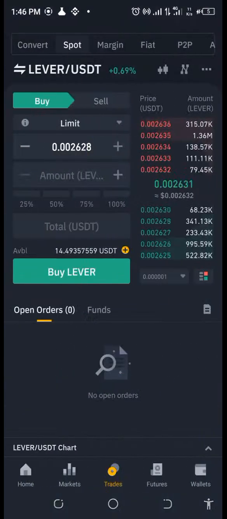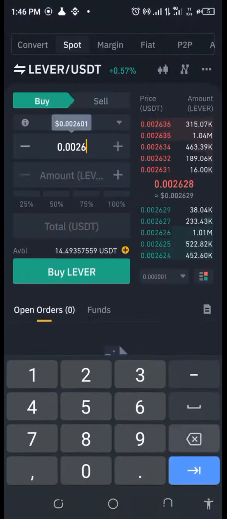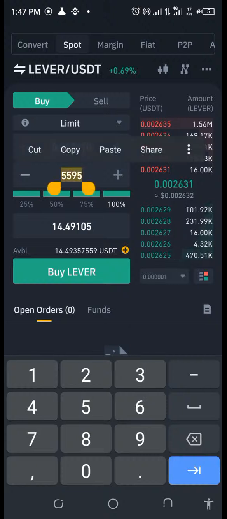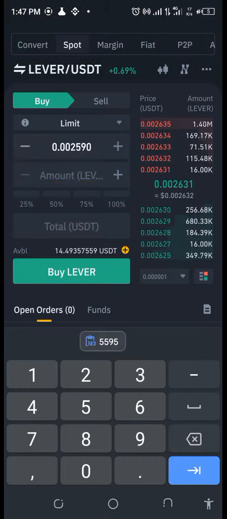So I'm going to change this right now to 2590. Now I'll do a quick simulation and see what we'll get. If I have to sell it, what would I get? Let's see.